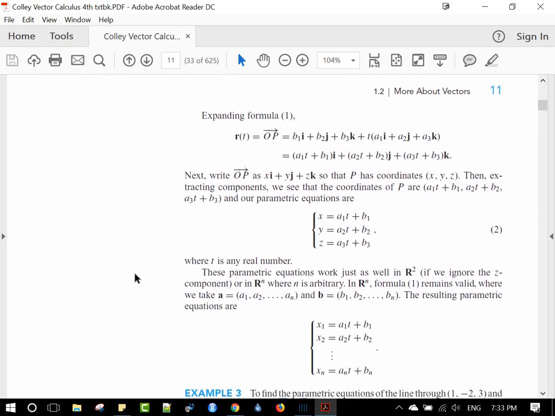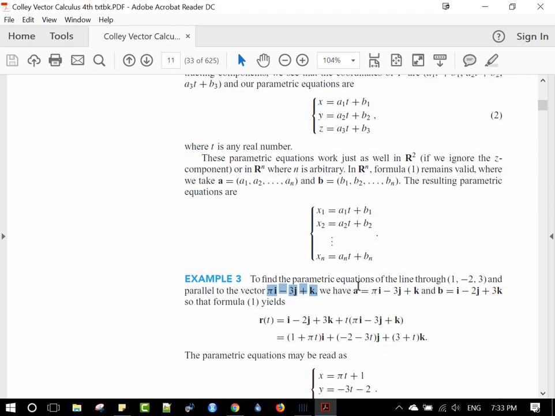If we write it as a vector, instead of 1 comma negative 2 comma 3, it's 1 times I, negative 2 times J, and 3 times K. So we get this, same thing as the point. Then we put that all into here like we did there.